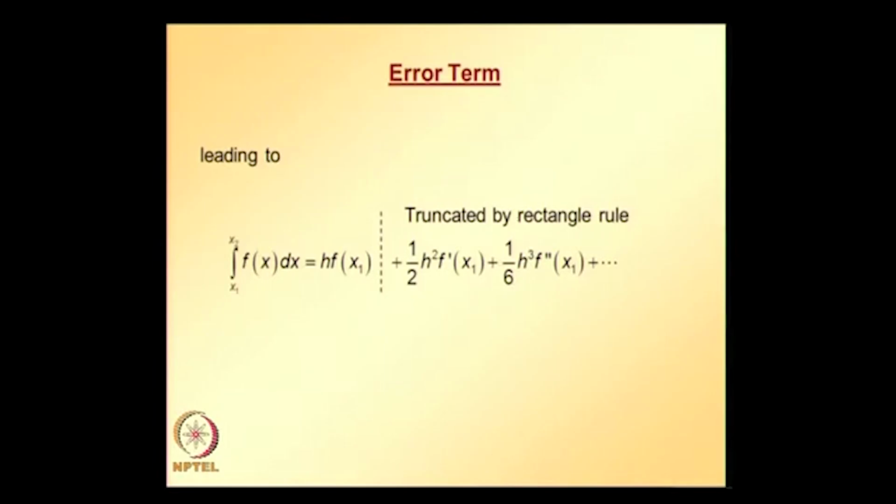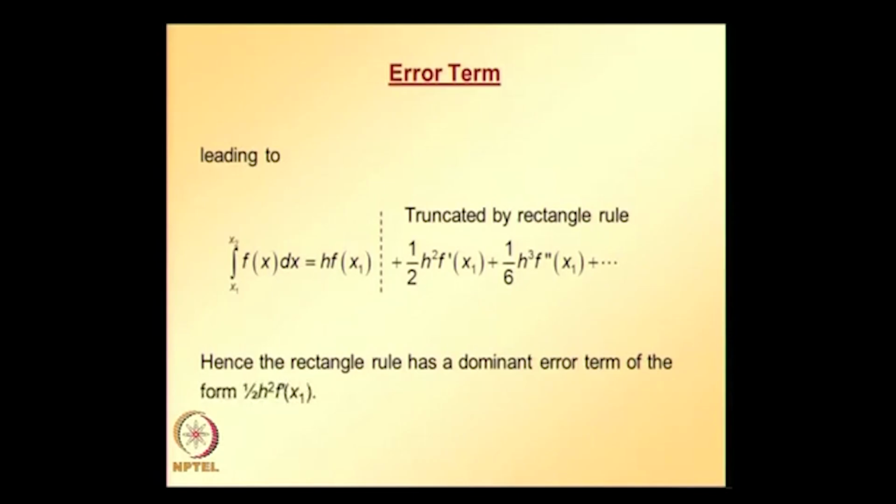The terms that are truncated by the rectangle rule are shown in the equation. So rectangle rule has a dominant error term of the form h square over 2 times the first derivative of f evaluated at x1. So this is the error associated with rectangle rule.